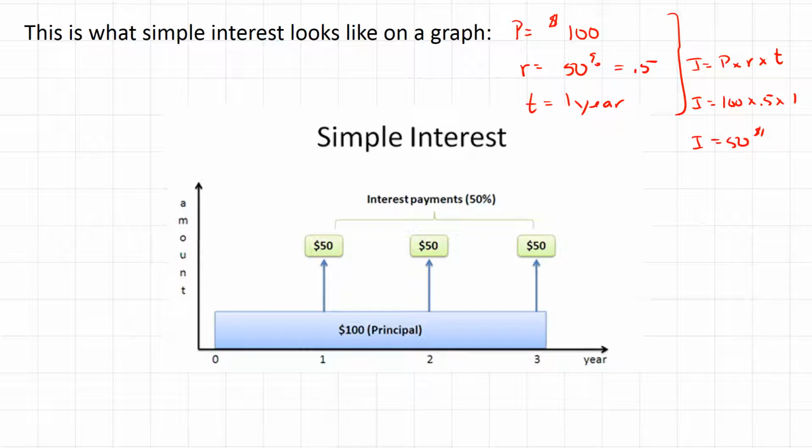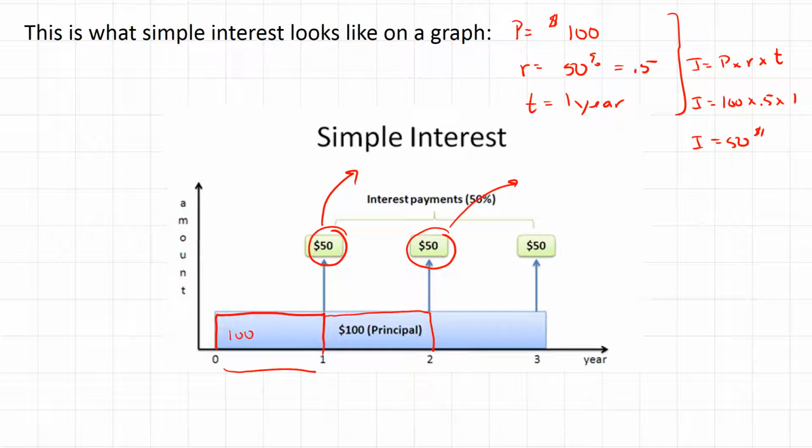So if you put $100 into a bank account for 1 year, so that's what this piece represents, $100 for 1 year, you make $50 of interest. And you can go ahead and spend that on whatever you wish. Then in the next year, you leave the $100 in again, and the same thing happens. You make another $50.